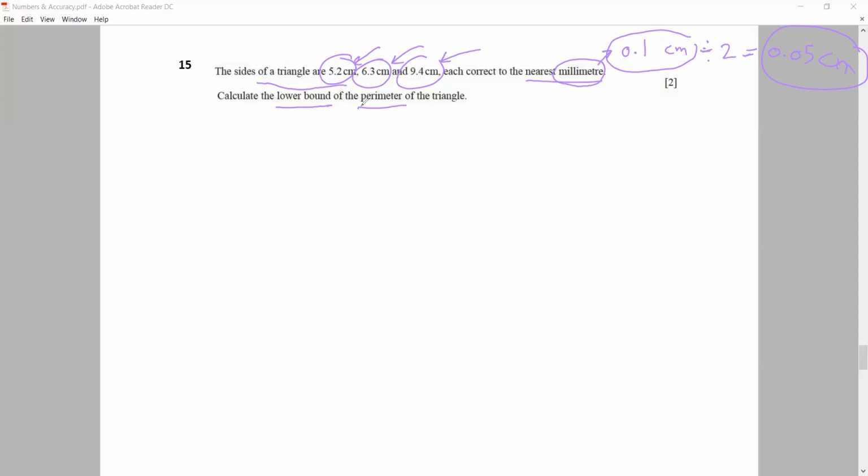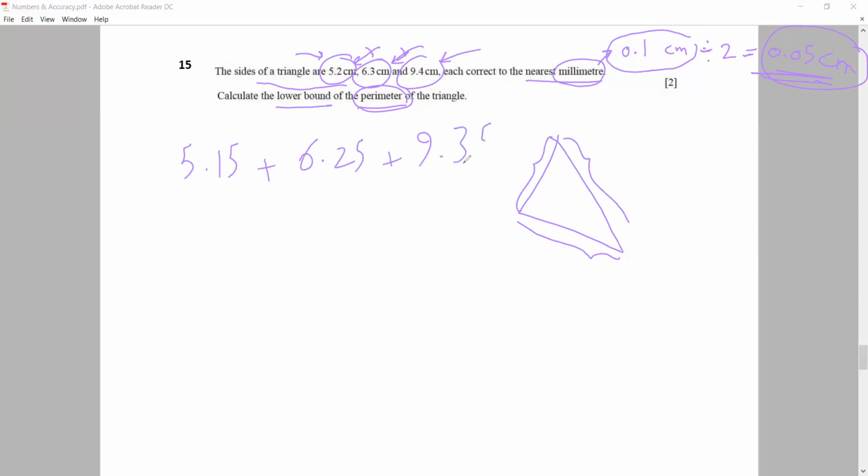Since we're talking about the perimeter of a triangle, all you have to do is add the sides together. Since they want the lower bound, I add all the lower bounds together, meaning 5.2 minus this number, that is 5.15, plus 6.25, plus 9.35.